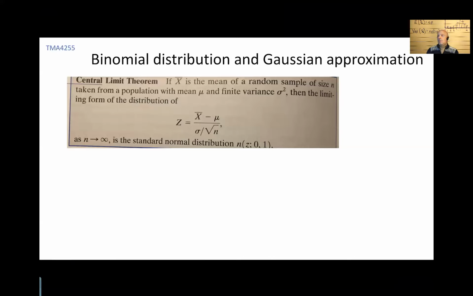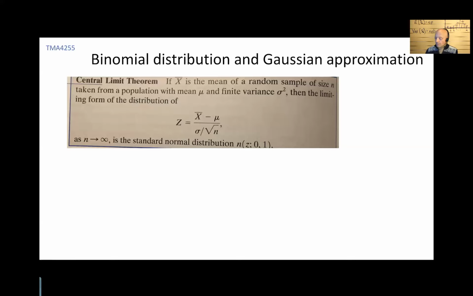And since our setting is that of two samples, we can take the mean for each sample and take the difference. And the theoretical mean is then the difference between these two samples, and the variance can also be computed.